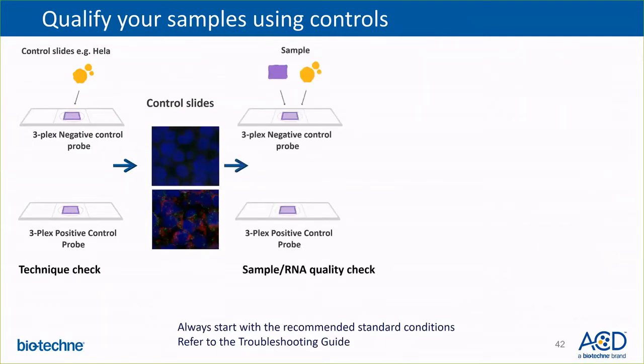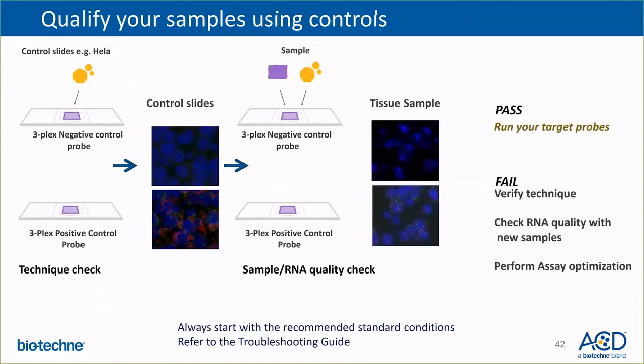Then proceed running the assay using our control probes on your sample to assess the RNA quality and to determine the best pretreatment conditions based on the signal detected and tissue morphology. If your sample passes QC, you can then move on to running your target probe. Otherwise, it is recommended to verify your technique, check RNA quality, or perform assay optimization. I'll be discussing our scoring guidelines in a later slide.